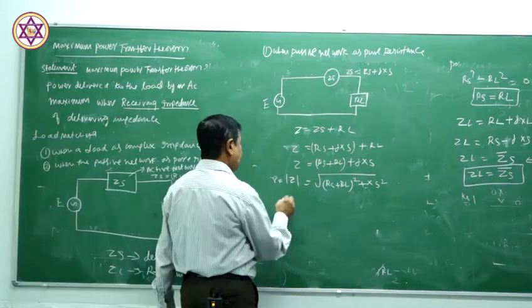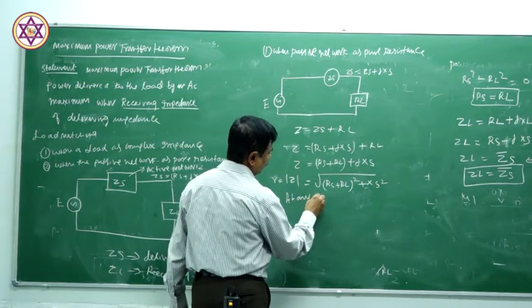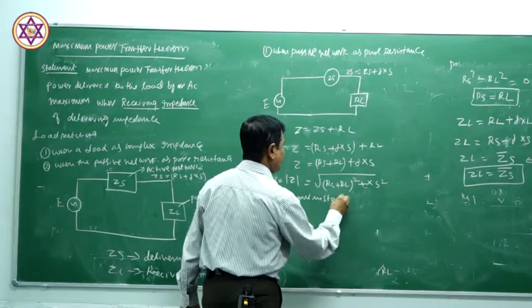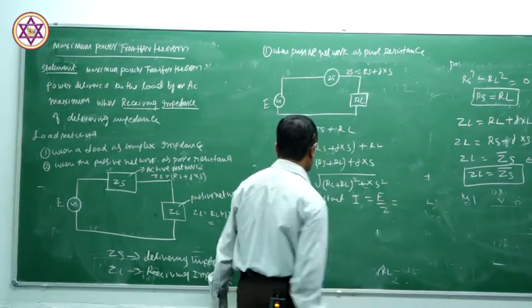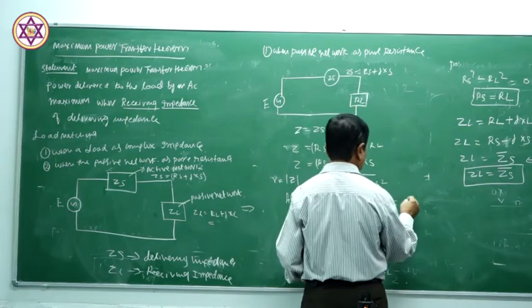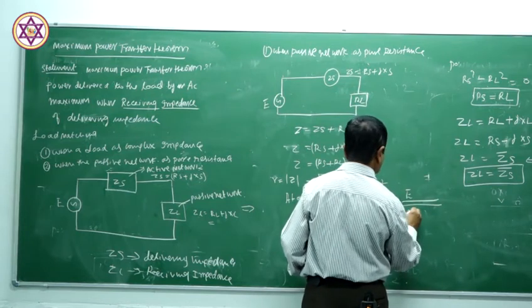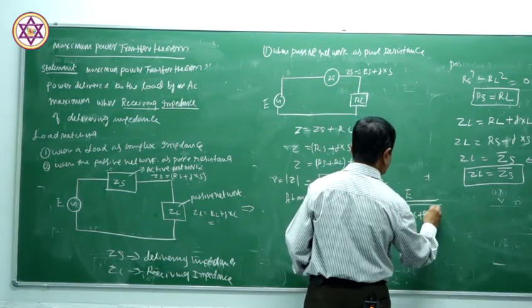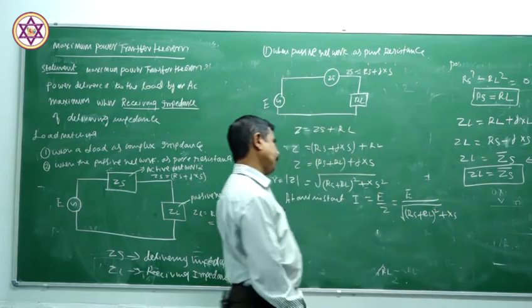Therefore, at any instant the current is I equal to E by Z, that is E divided by the root of (RS plus RL) the whole square plus XS square.